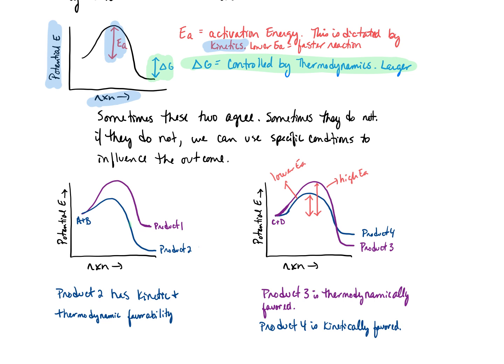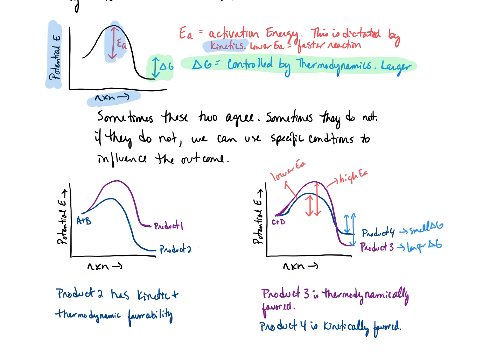Okay, so that's the first thing to look at. But we also have to consider delta G. Well, delta G is about here for product 4, and it's all the way down here for product 5. That's the purple line. So that means that product 4 is going to have a smaller delta G, and product 3 is going to have a larger delta G.